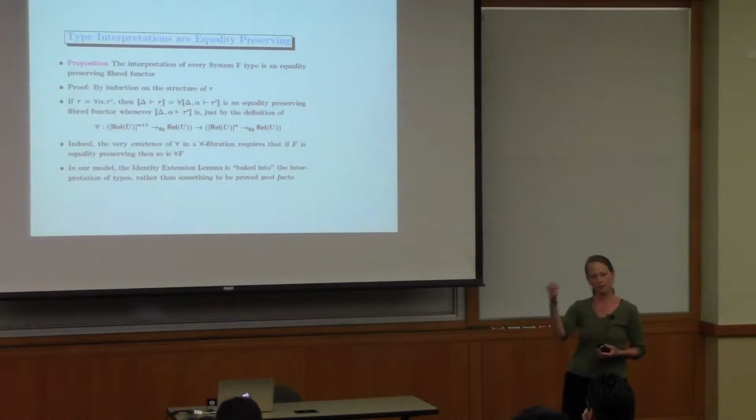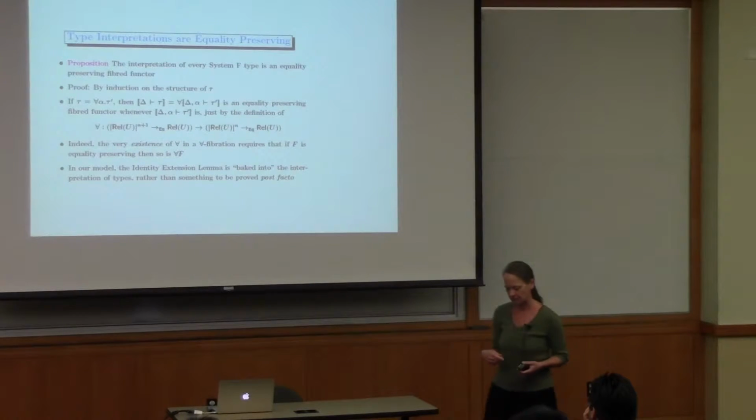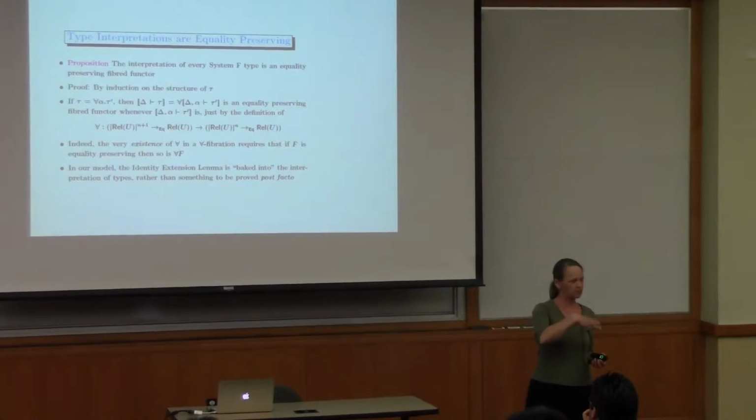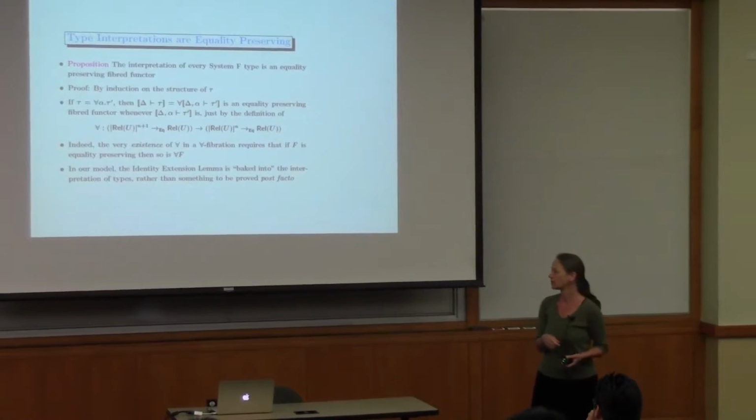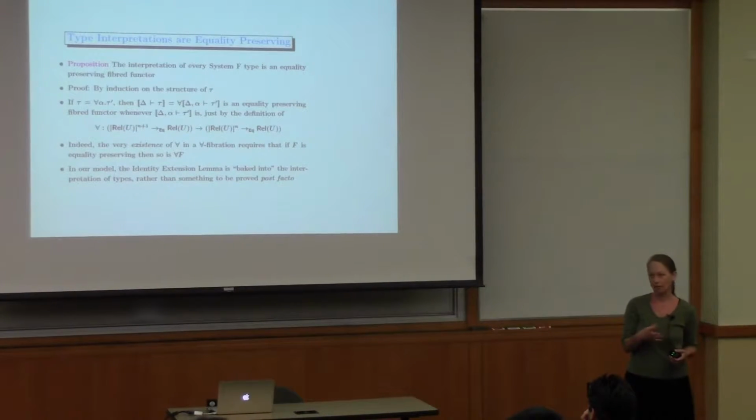Okay? So when we looked at Reynolds' model through the fibrational lens of this relations fibration last time, we just picked this fibration because it was reminiscent of his original construction. It models that exactly. And then we gave our interpretations of types and also of terms.